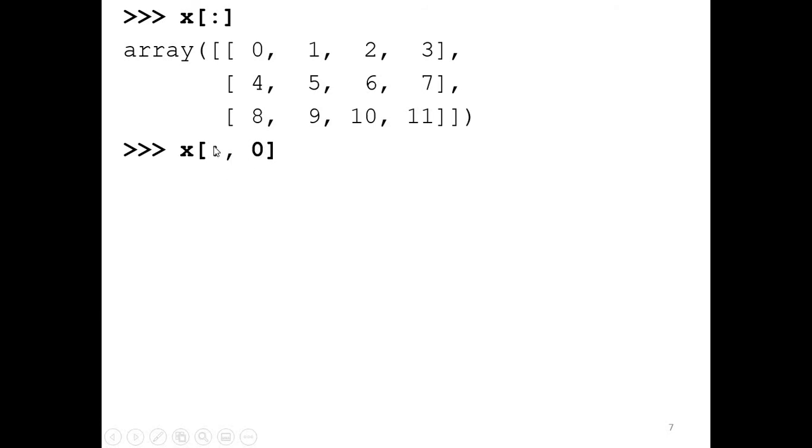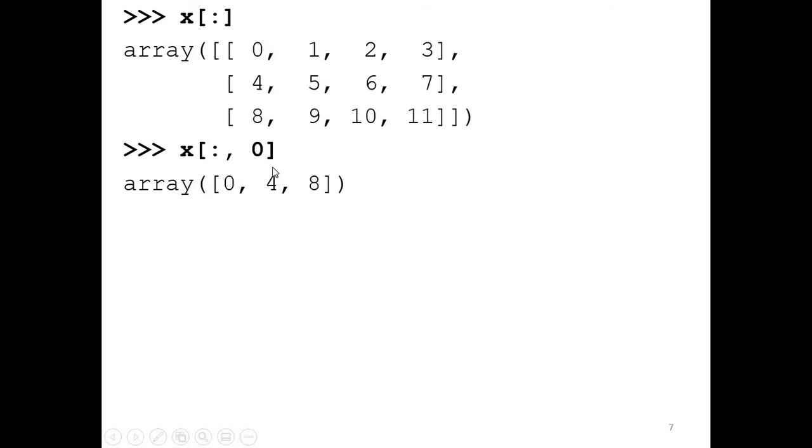If you write colon here, that means you consider all the rows, then you put a comma and then you write 0. That means you are trying to extract the 0th column. So after the comma, this index will be for columns.